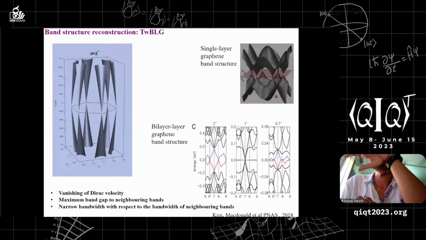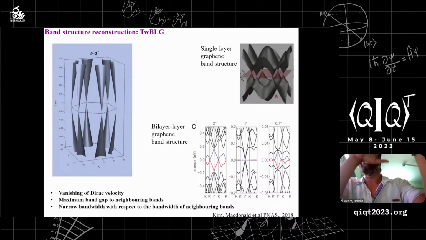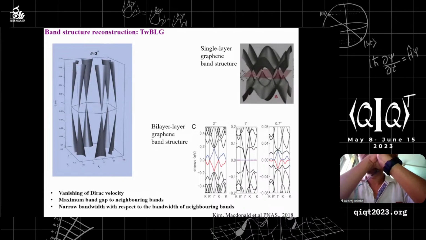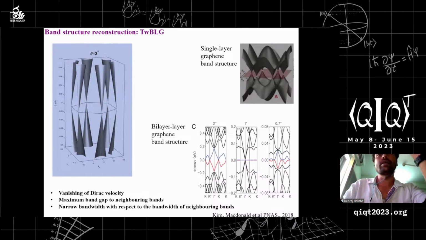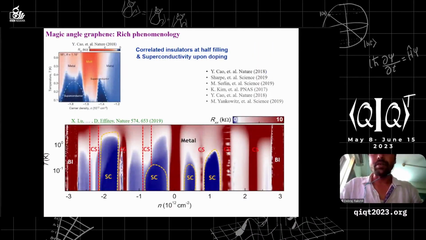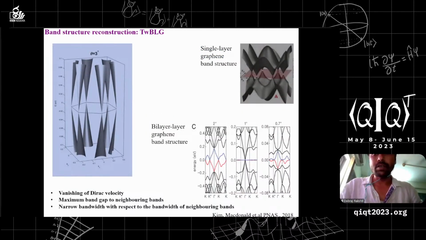If you go to the single particle picture first, graphene band structure is very well known. So this is a single graphene structure, there are Dirac cones and things like that.